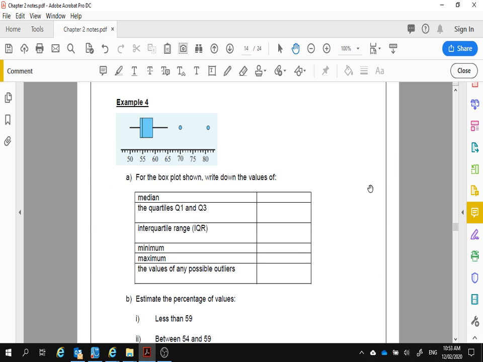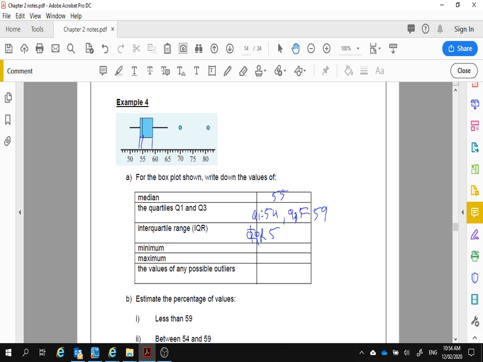Okay, next example, it says for the box plot shown, write down the values of. Okay, so the median we can see quite clearly is 55. Q1, 54, that's Q1. Q3, 59. Interquartile range 59 minus 54, 5.